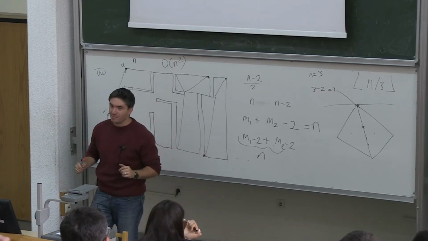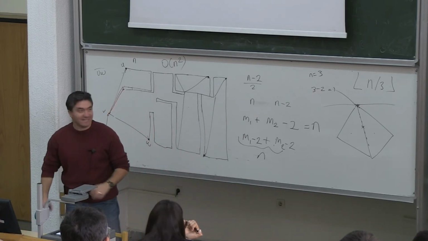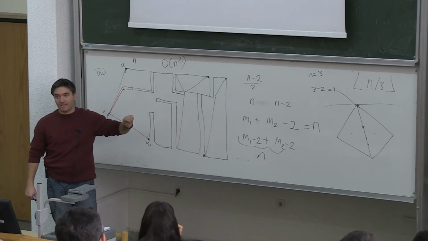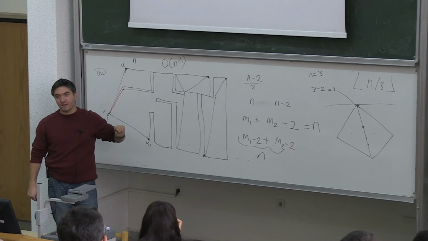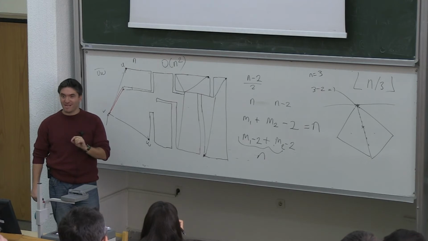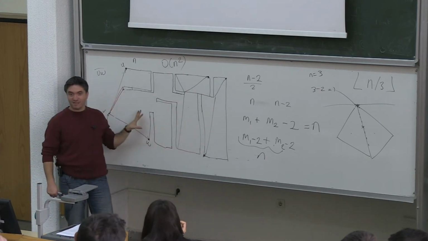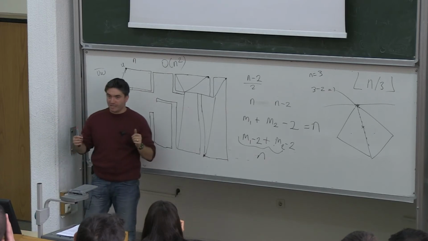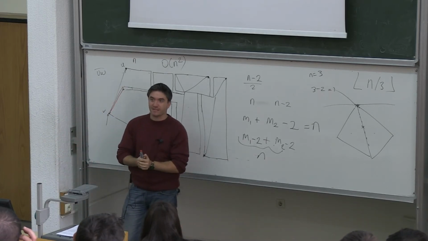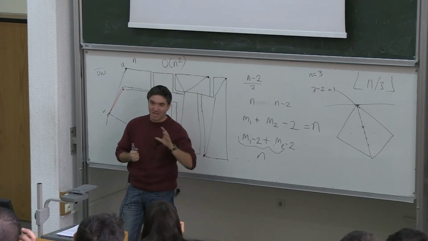Now the question becomes, can we select a subset of these vertices so that each triangle has at least one vertex in this subset? So the problem becomes this. We have this many triangles. Our goal is to select a subset of these vertices so that each triangle is going to have at least one.